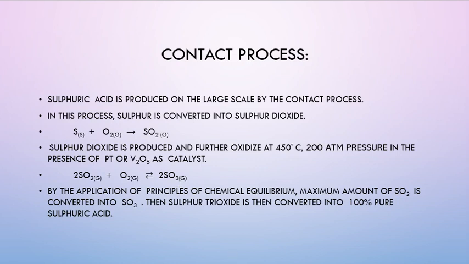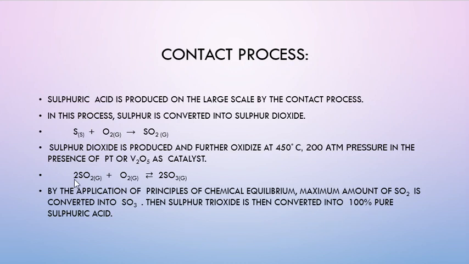Here again the knowledge of an equilibrium constant is going to help in the production, that by the application of principles of chemical equilibrium, the maximum amount of sulfur dioxide is converted into sulfur trioxide, and then sulfur trioxide is converted into 100% pure sulfuric acid.